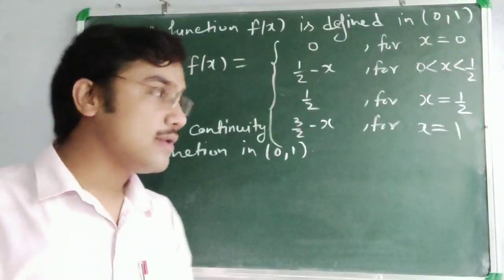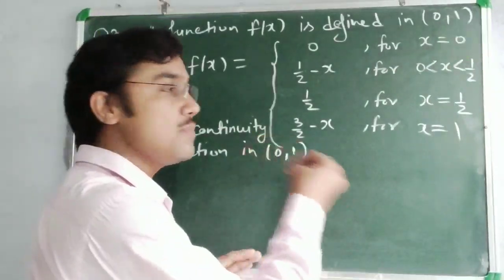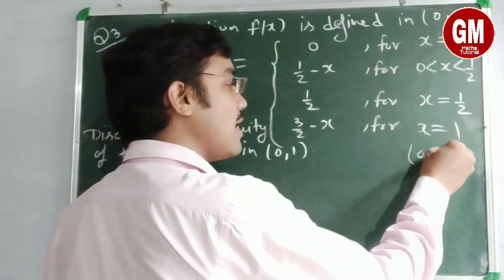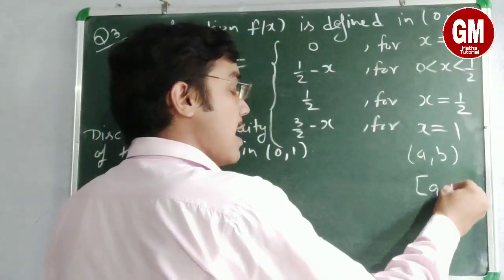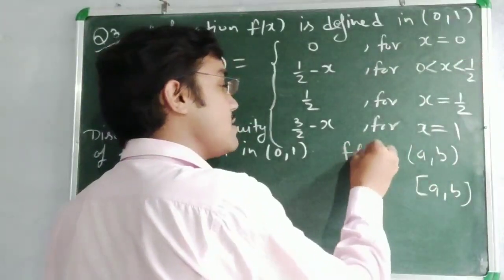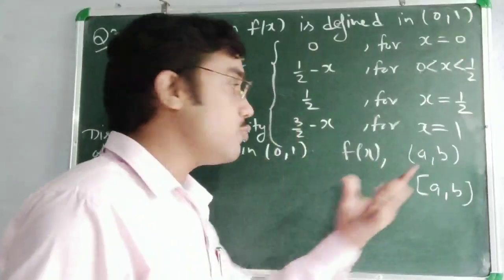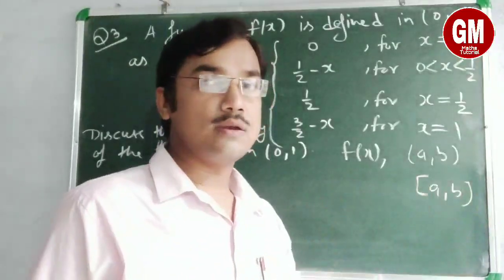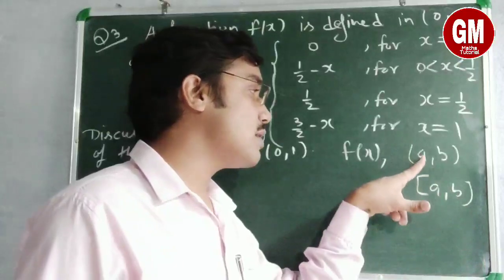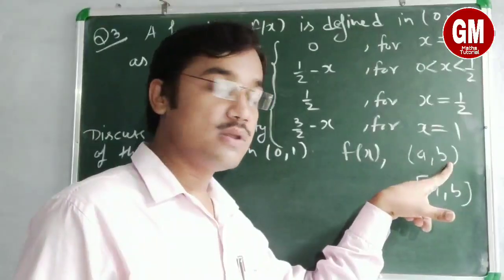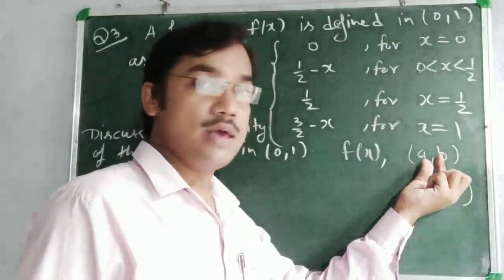As earlier we discussed some basics about open interval and closed interval. For the function f(x) to be continuous in an open interval or closed interval, first of all we check the boundary points of the continuity and also check the points which lie between them.